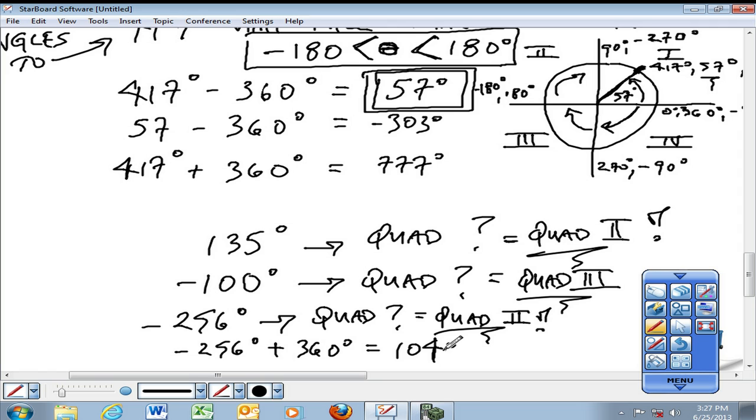That is going to be in the same quadrant as negative 256. They're equivalent. Does that make sense?